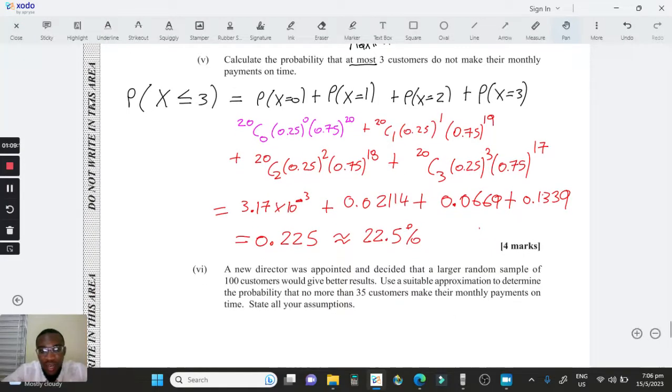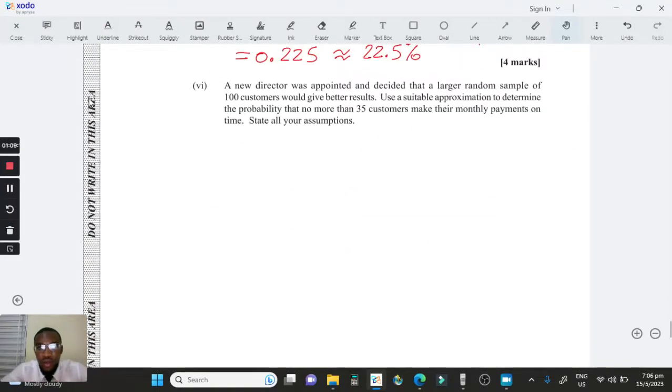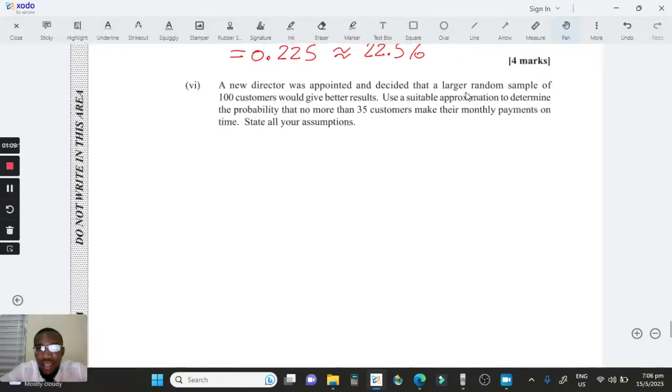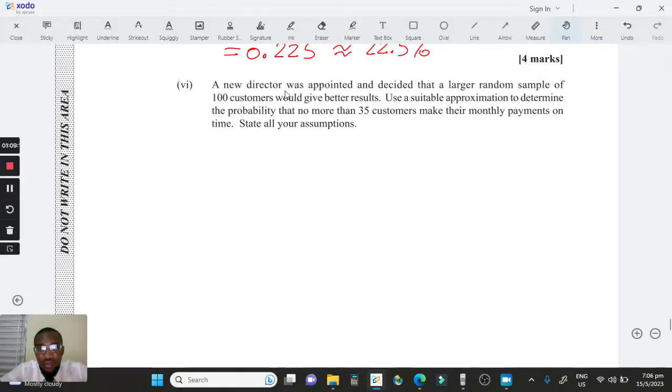Whew, tiring. Now it says a new director was appointed and decided that a larger random sample of 100 customers would be better. So now n is 100. Using a suitable approximation to determine the probability that no more than 35 customers make their monthly payments on time.